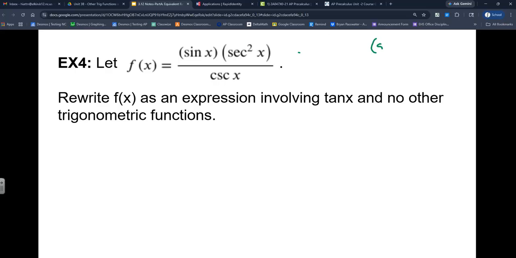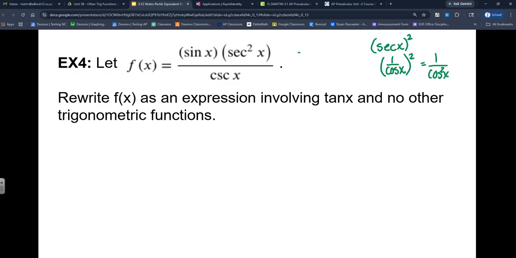What this means is secant of x squared, like that. So we can rewrite secant as 1 over cosine x, squared, which means this is going to be 1 over cosine squared x. And in fact, that is exactly what I would do.